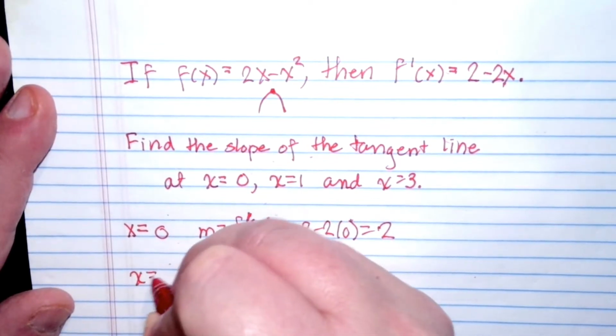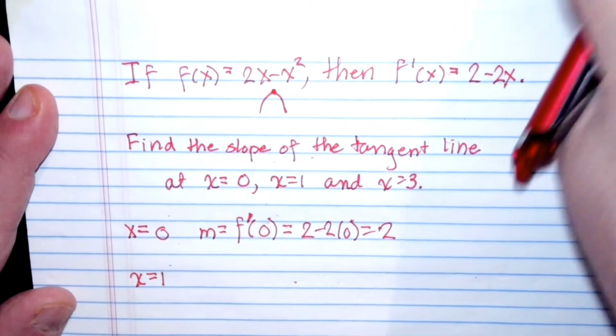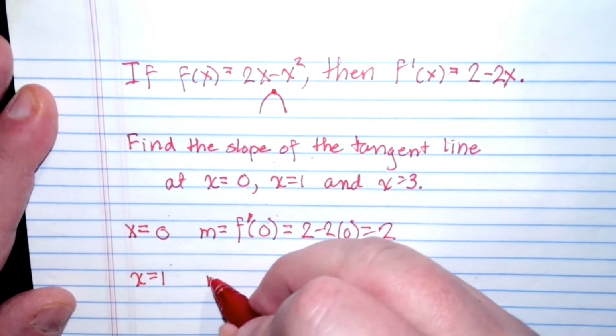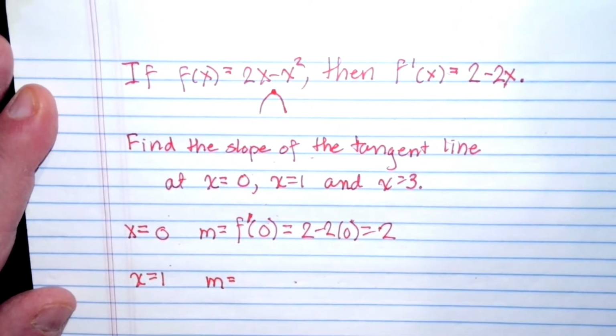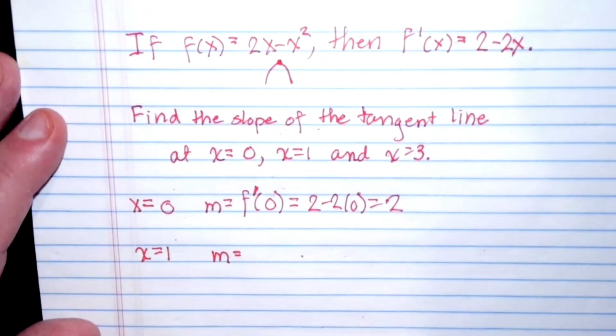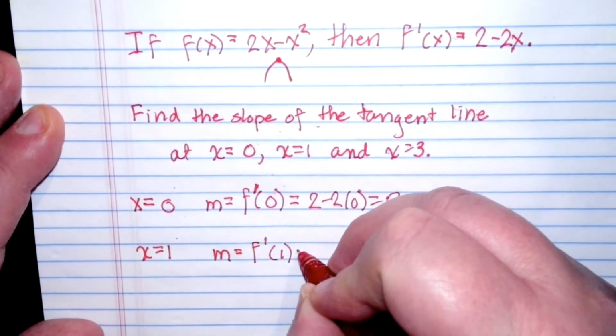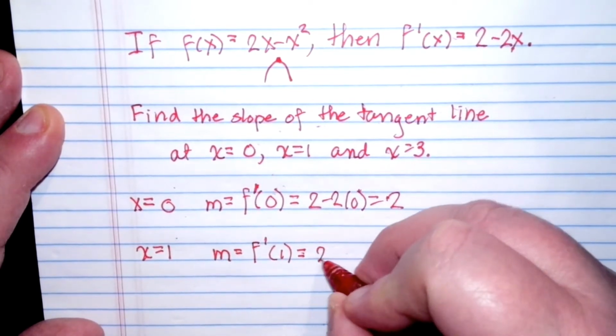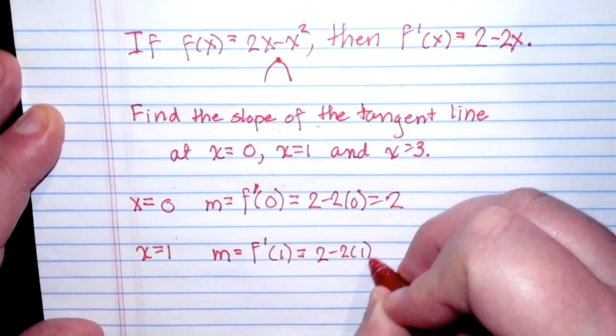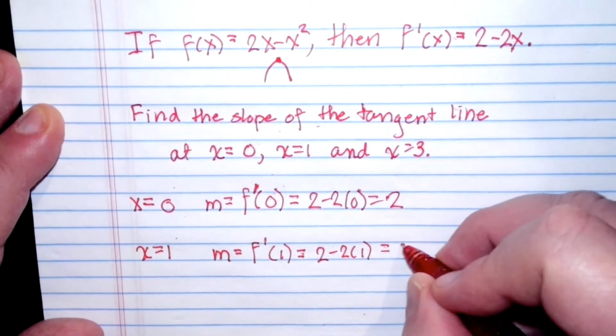At x equals 1, the slope, I hope you're familiar with this notation of using m for the slope, that's going to be f prime of 1. So that's 2 minus 2 times 1, which is 2 minus 2, or 0.